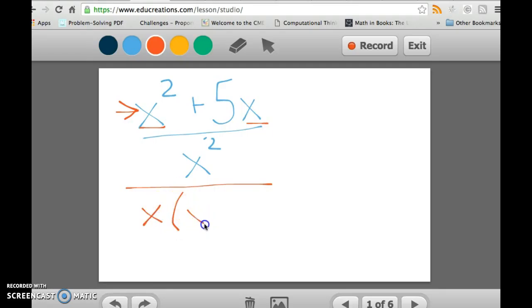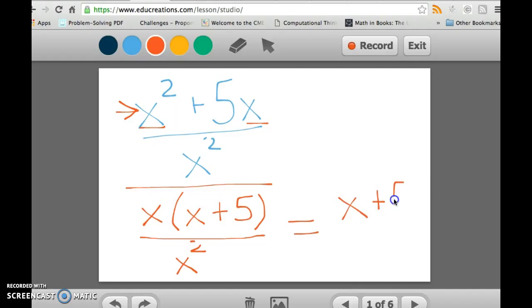It's the greatest common factor, and it leaves me with x times x plus 5. And x squared is x times x, but I'm just going to write it as x squared still. If I have an x on the top and an x on the bottom, that's what I'm going to factor out. So this equals, in simplified form, x plus 5 over x.